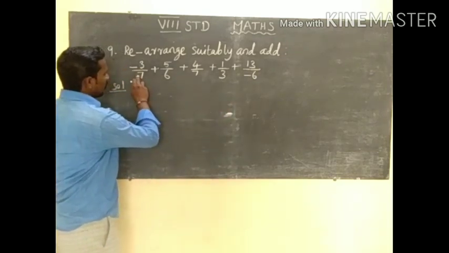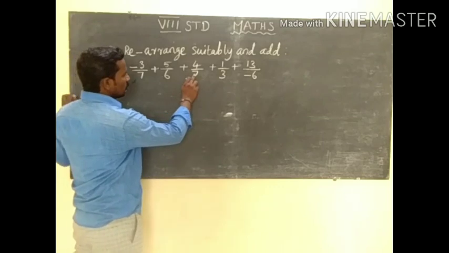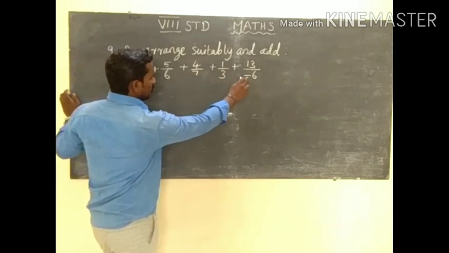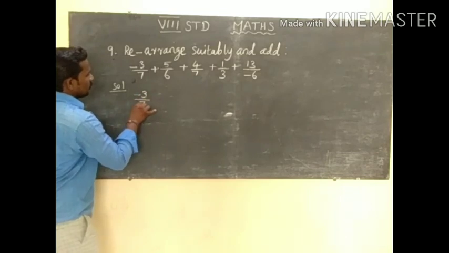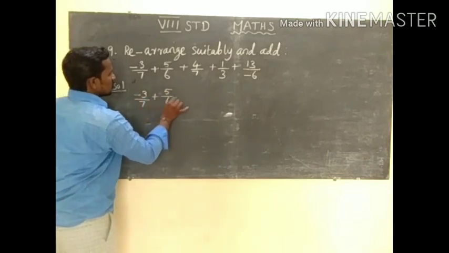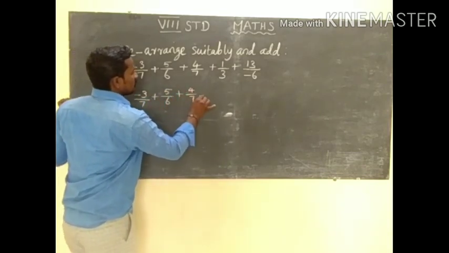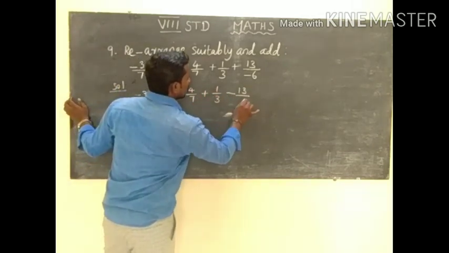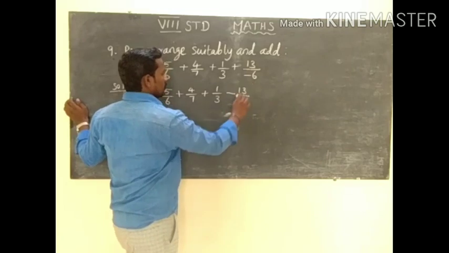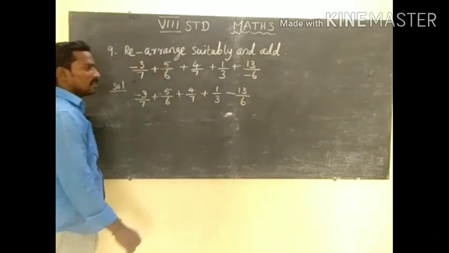The denominators here are positive, positive, positive, positive, and here negative. So change the value: minus 3 by 7 plus 5 by 6 plus 4 by 7 plus 1 by 3 minus 13 by 6. The denominator is always positive in the standard form.